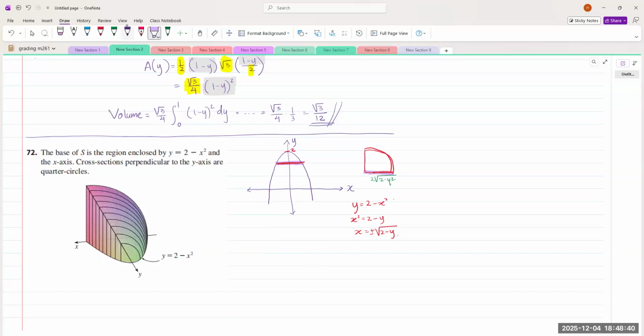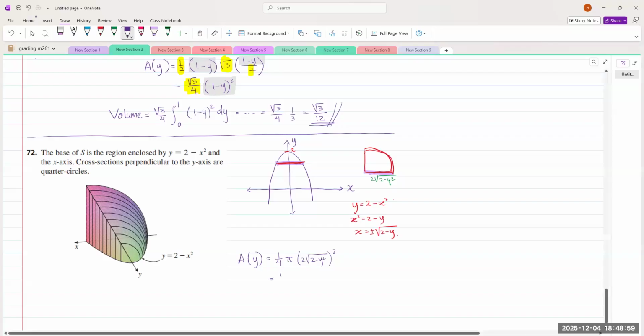Okay, so the area of that quarter circle as a function of y will be 1/4 pi r squared. But the r is 2 square root of 2 minus y. That is 1/4 pi times 4 times 2 minus y.